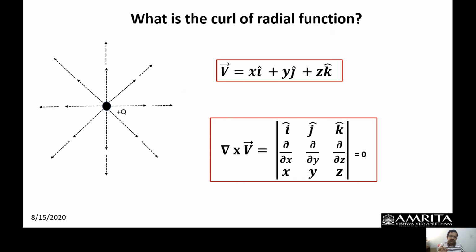That's all I need to prove. The radial function, which exhibits divergence, does not exhibit a curl, which is expected, because it is spreading radially out, so there is no curl associated with the point.